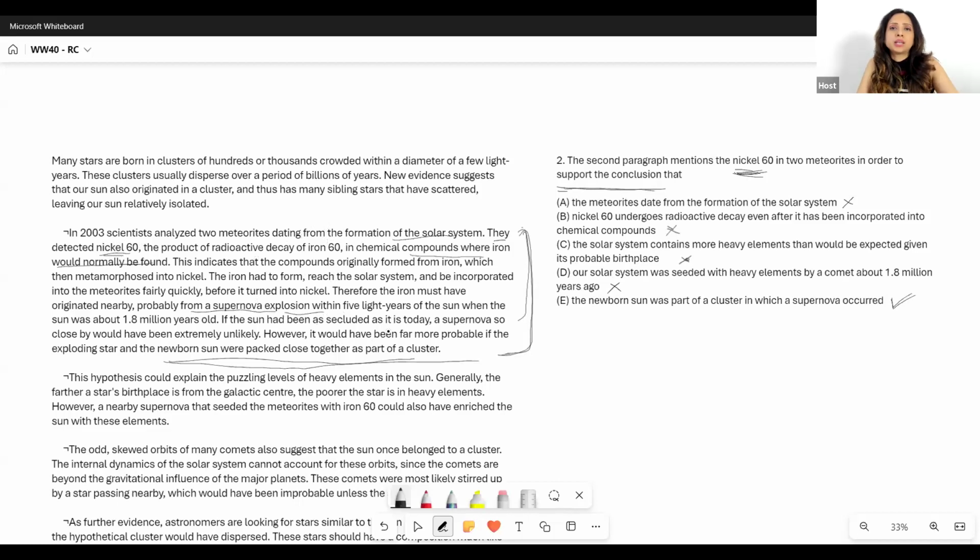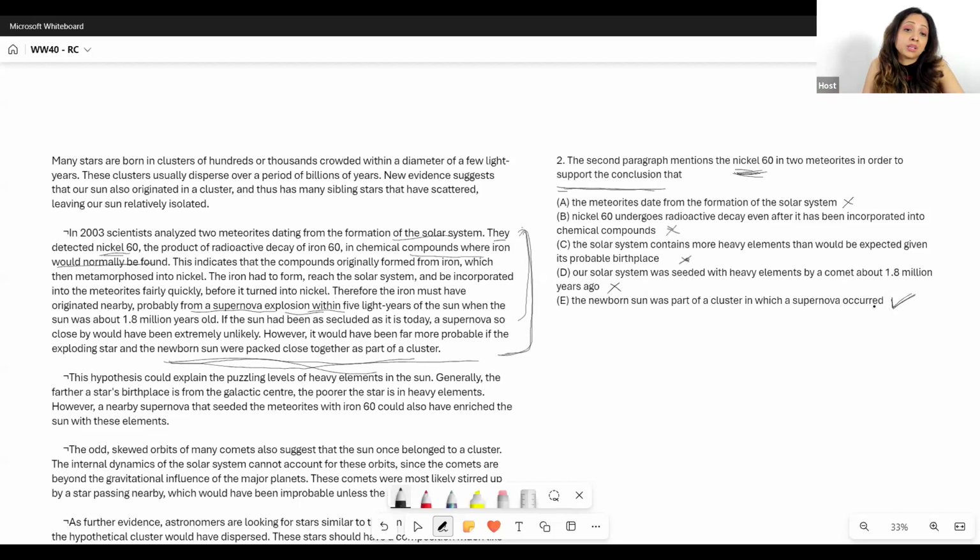Because otherwise, how would the heavy elements come, right? So this would be kind of an intermediate conclusion that there was a supernova explosion close by. And then from that, we are deriving our conclusion that, you know what, supernovas are so rare, so there must have been a lot of stars around the sun. And that is how we are strengthening this particular conclusion that the sun was born in a cluster, right?